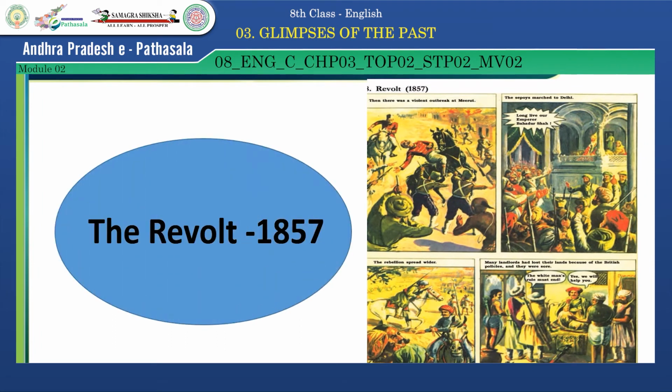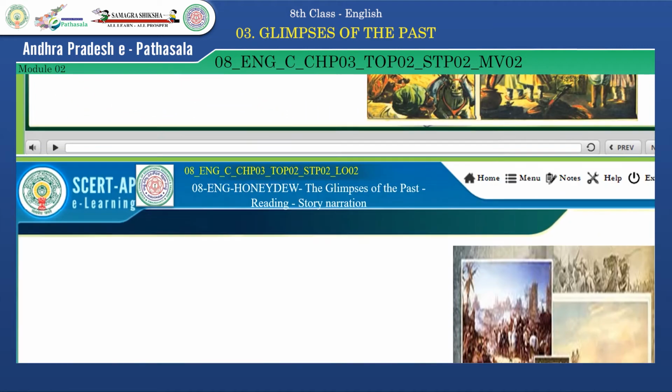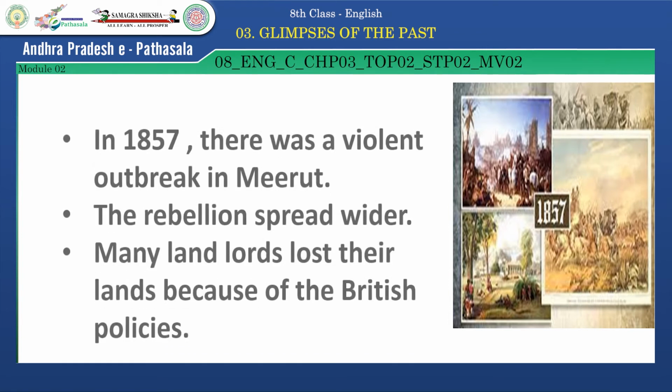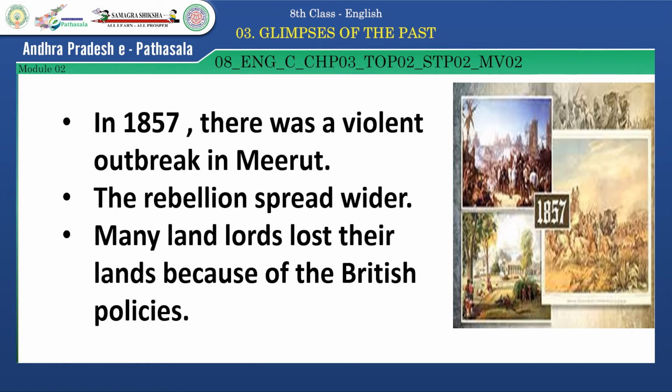Now let's move on to the revolt in 1857. In 1857, there was a violent outbreak in Meerut. The rebellion spread wider. Many landlords lost their lands because of the British policies.